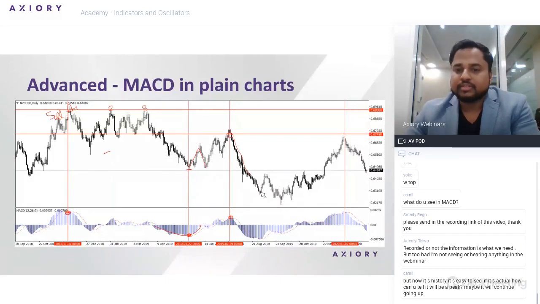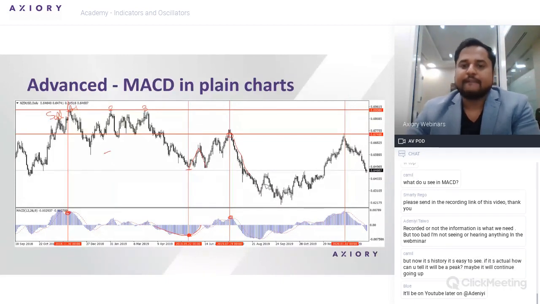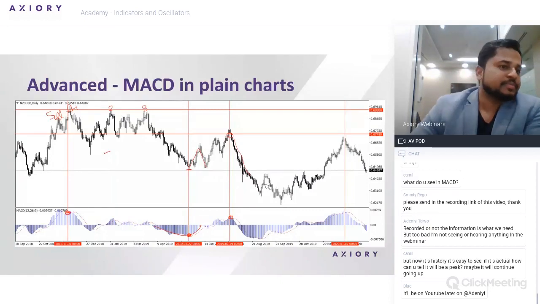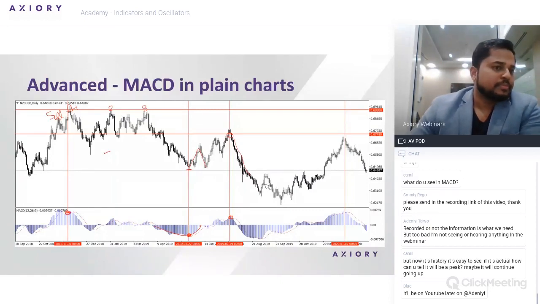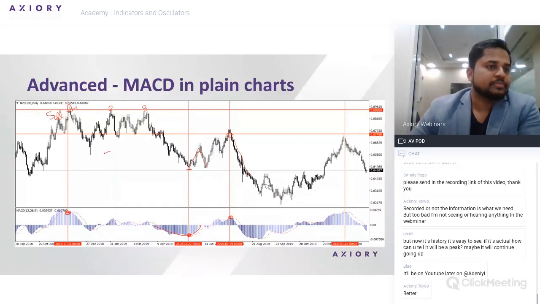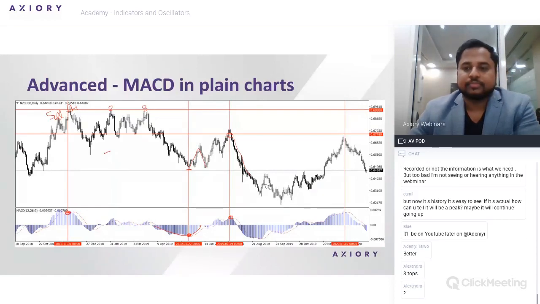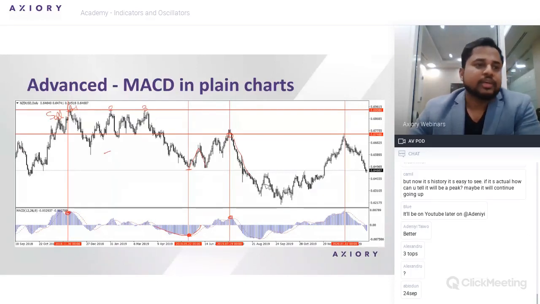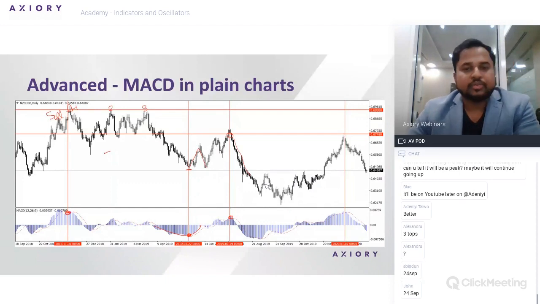Can anyone spot some turning points with the MACD? Yeah, Camel, what you said is correct. It's from history only. That is why I told you I never rely 100% on indicators.